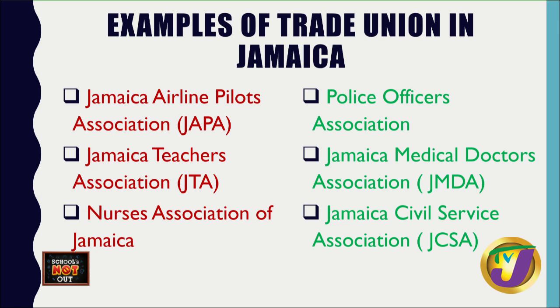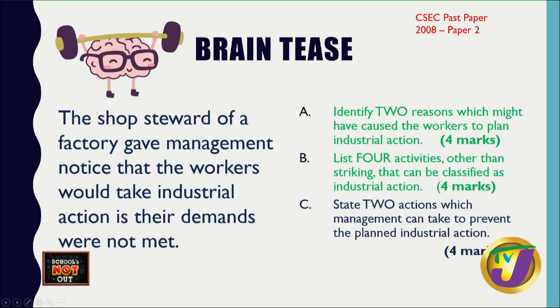Okay, so let us go back to our question. Do you remember the question that we asked earlier? It's the third part of our brain teaser. We're going to go back through the questions that we asked earlier.